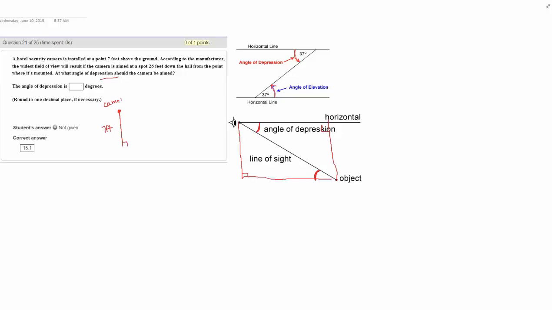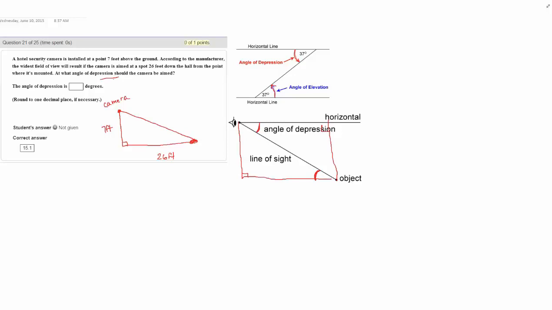And according to the manufacturer, the widest field of view will result if the camera is aimed at a spot 26 feet down the hall from the point where it's mounted. So from the point where it's mounted, if I go horizontally out 26 feet, that's where I want to aim the camera. So I'm going to connect now and make my right triangle. So at what angle of depression should the camera be aimed?